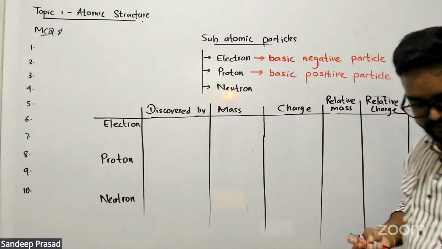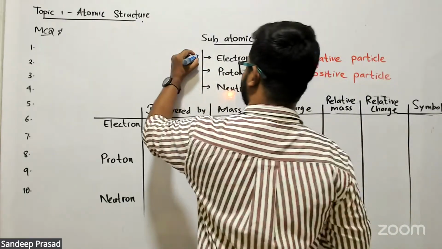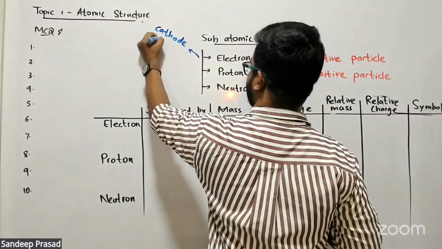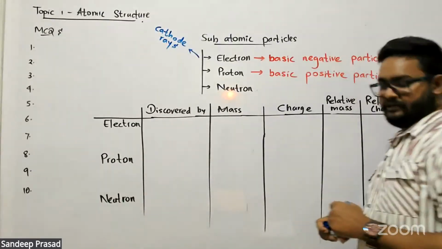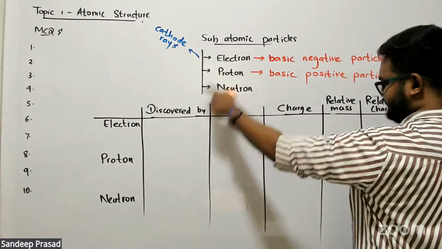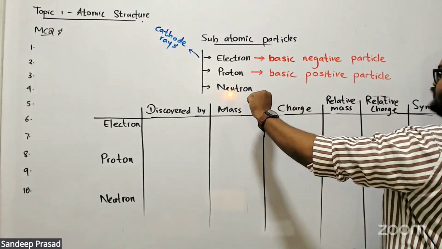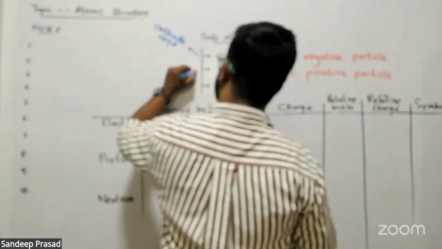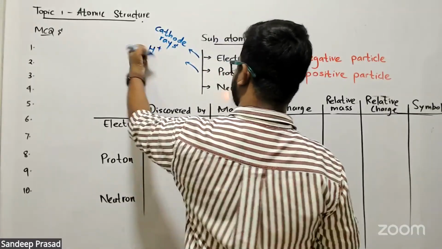Actually, in this lesson we are going to learn about something known as cathode rays. In the first unit, we are discussing the cathode ray experiment. Using the cathode ray experiment, they discovered the electron. Electron was discovered by J.J. Thomson, a scientist you have heard about over time. For the proton, we can consider it the hydrogen nucleus, actually H plus.